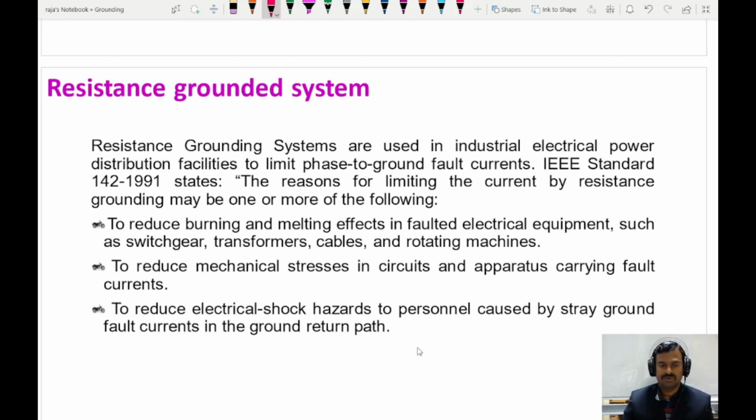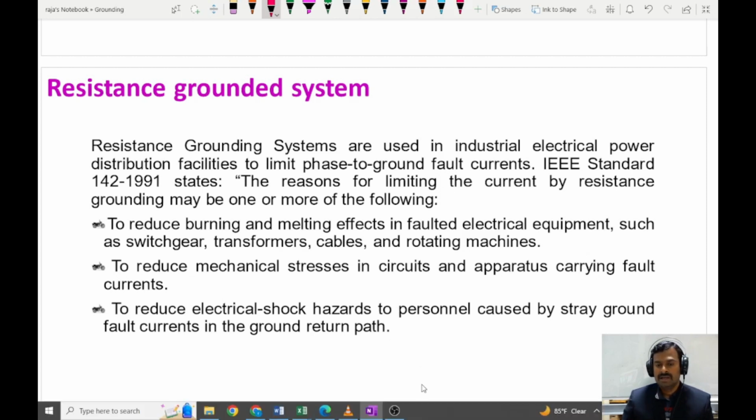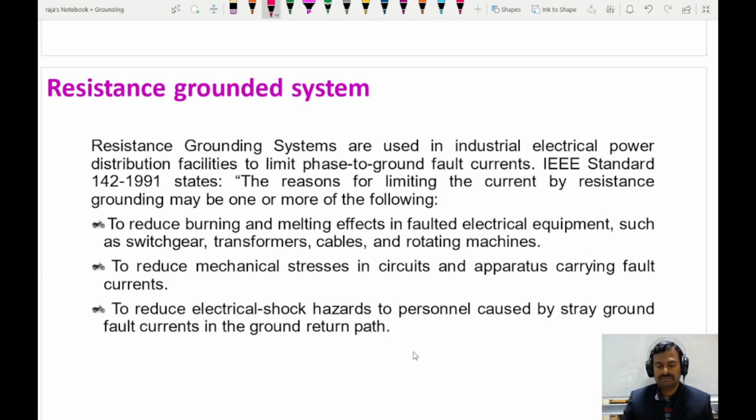Because of that there could be a high potential difference between the neutral point and the ground, and it would create a charge discharge from the neutral, and the charge accumulation on the earth would create a problem for the person who is coming near the device.